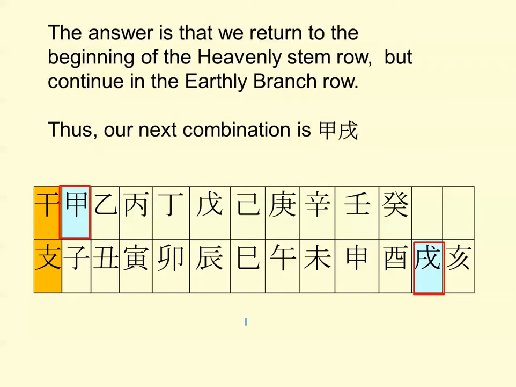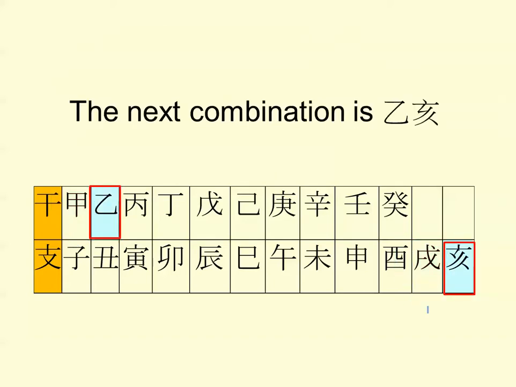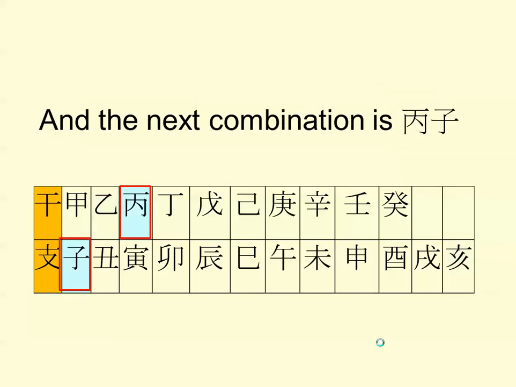The answer is that we return to the beginning of the heavenly stem row, but we continue in the earthly branch row. So the next combination is this. So we're using this kanji and this kanji. And I bet you can guess what happens next. Indeed. We continue here on the bottom and we continue on the top, and we end up with this combination. And so forth.